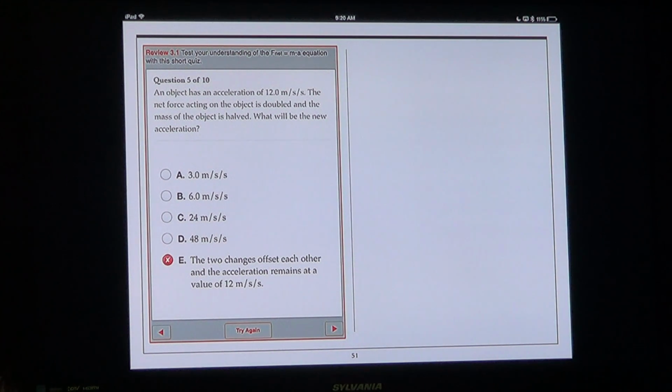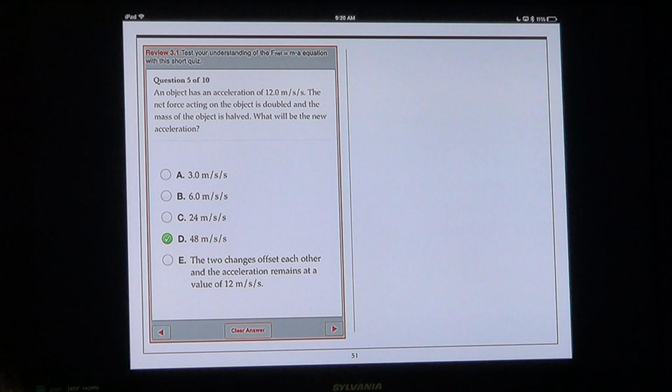Is it B? See why you would think that. Is it B? Is it D? It's D? Can you like write out the equation?